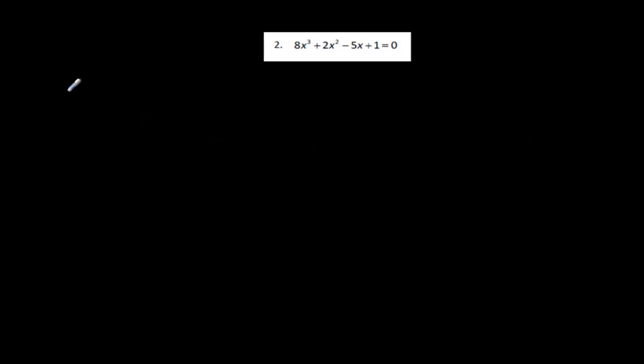Number 2 is the same thing. So our p is going to be factors of 1, so that's just 1. Our q is going to be factors of 8, so 1, 2, 4, and 8.